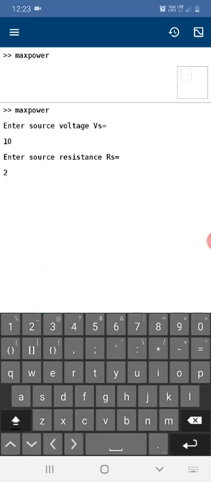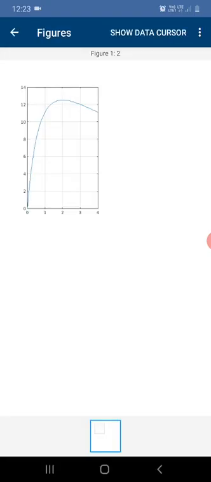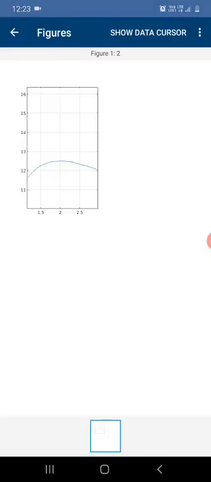We use 2. Then it gives us a graph. This is the graph. In this graph, at resistance 2, the maximum power delivered is 12.5.